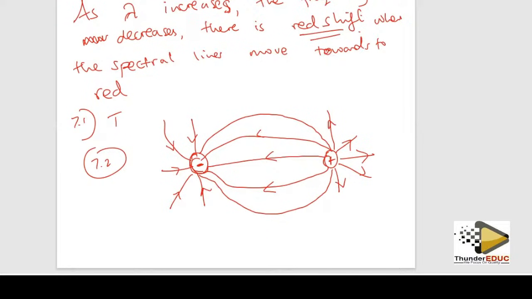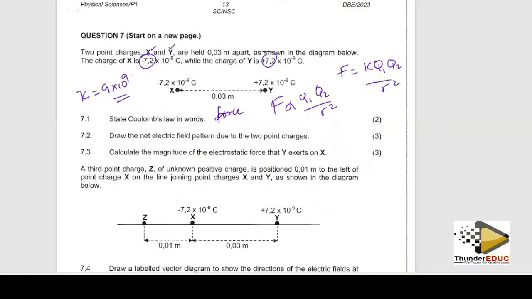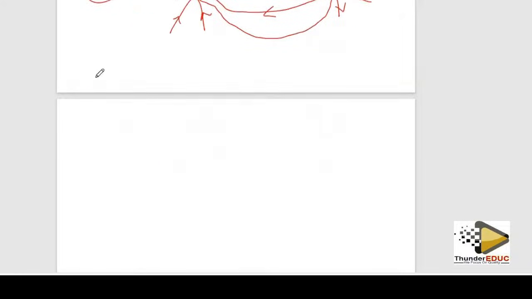That is 7.2. Then 7.3, they want us to get the electrostatic force that Y exerts on X. Remember, this force has to be the same as the one that X exerts on Y. It's just the directions that will be opposite. So we know that the electrostatic force is k times Q1 Q2 over r squared.